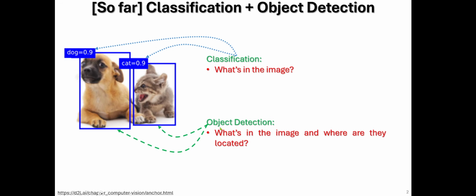We went one step ahead and did object detection, where we not only classify the class or classes in that particular image, but we also localize where those classes are in the image. We saw a lot of methods like single stage and two stage approaches, and essentially combining classification with localization is what we call object detection.